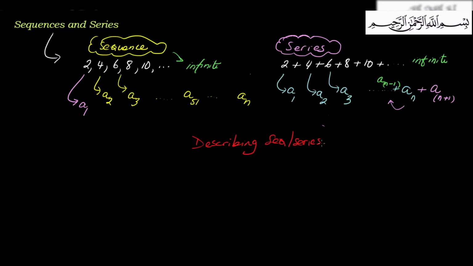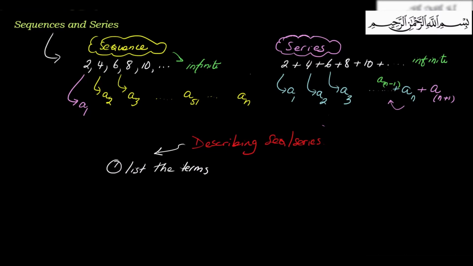So when we describe sequences and series, there are many ways of doing this, but three ways of describing a particular sequence and series are as follows. One, you can just list the terms. Like I have done over here, I describe this particular series and this particular sequence by just listing the first few terms. These are both infinite series, so I listed here the first 5 terms, and it is understood that the reader is able to extrapolate the remainder of the terms based on the first 5 terms.